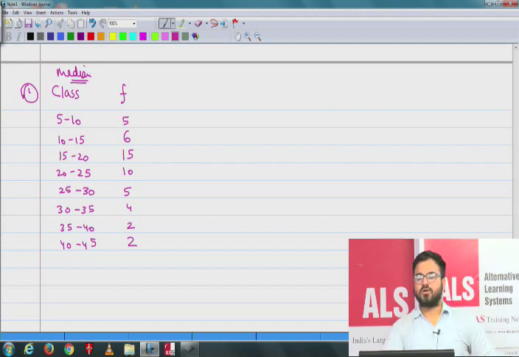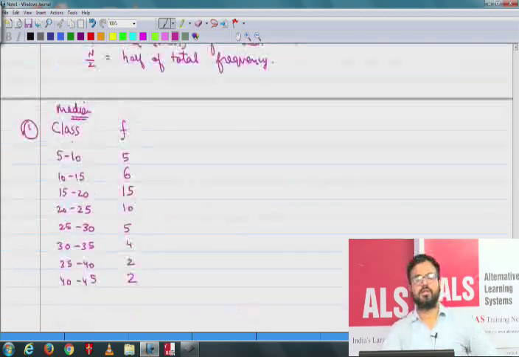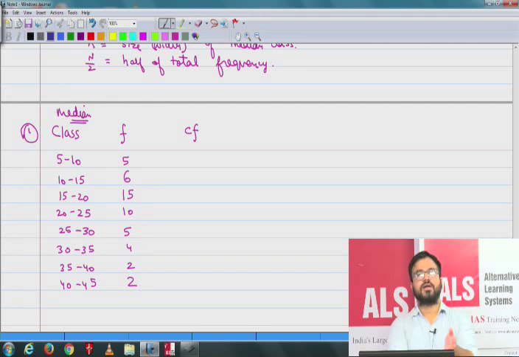So now, according to the algorithm, the first step is to find the cumulative frequency of less than type. Suppose these are the marks. The number of students who got marks between 5 to 10 is 5, 10 to 15 is 6, and so on. So students who got marks less than 10 is 5.